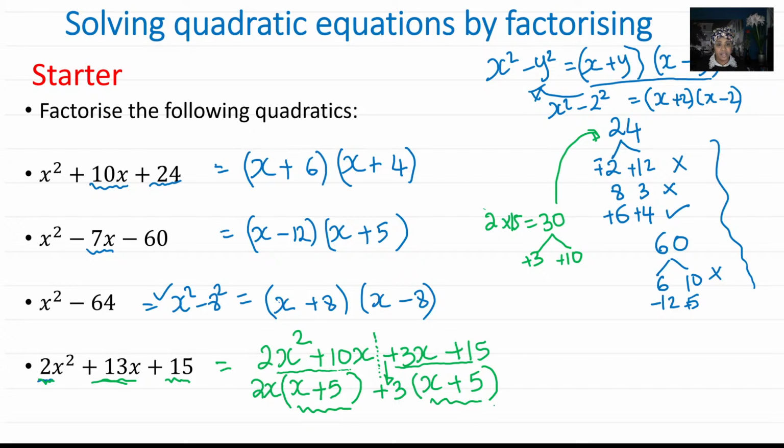So we're going to take that bracket, just one of them. So it's x plus 5, and the other bracket is going to be made of these numbers which are outside. So remember the sign as well. So that is going to be 2x plus this number here, 3. So that is completed, guys.